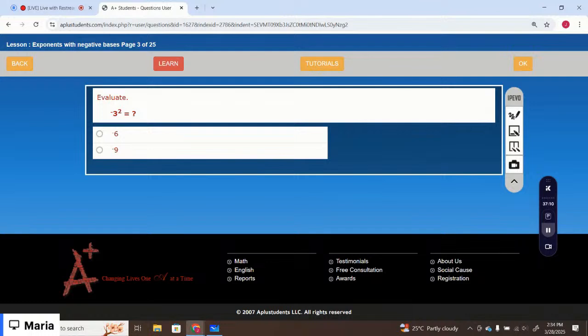So which is the correct option? That is negative 9. Option number 2 is the correct option.